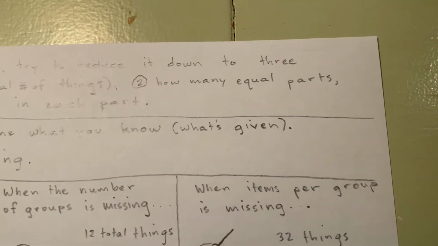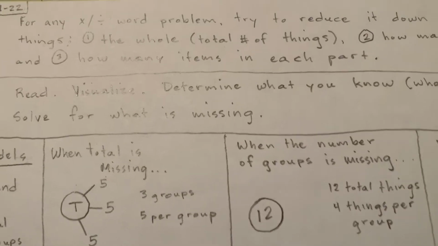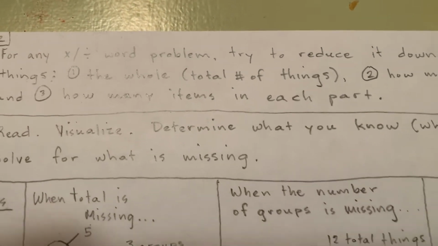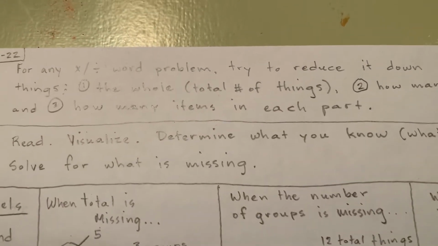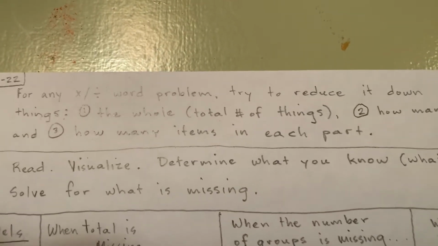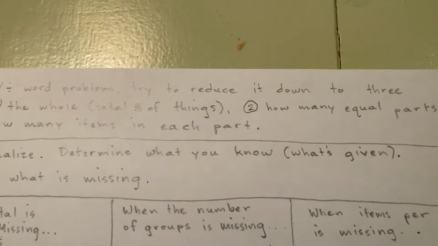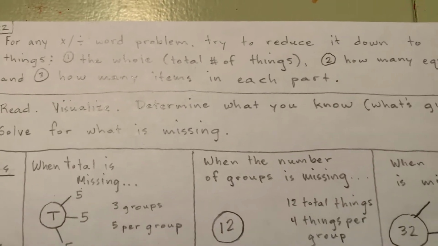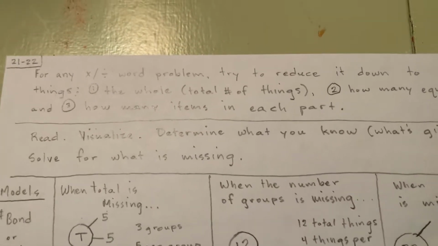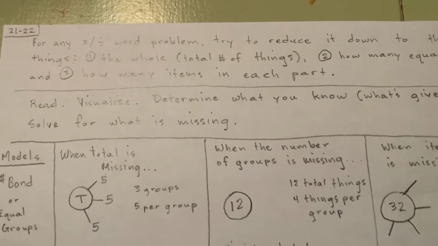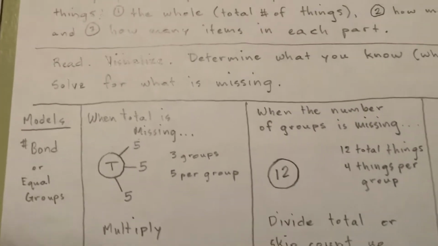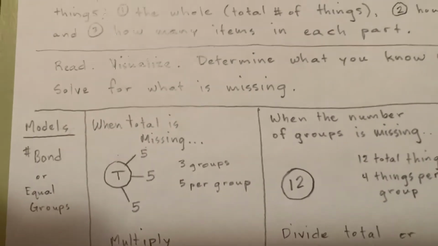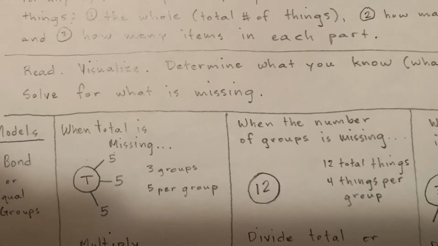Number 2, how many equal parts? And number 3, how many items are in each part? If you can get it down to those 3 things, the number of total things, how many equal parts you have, and how many items are in each part, then you can figure out how to solve the problem by multiplying or dividing.